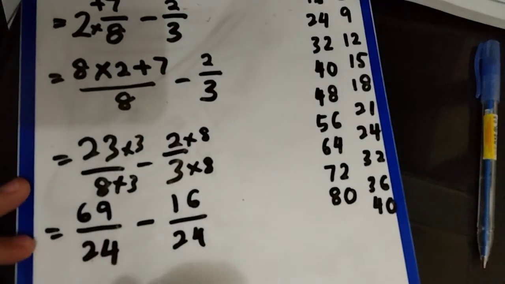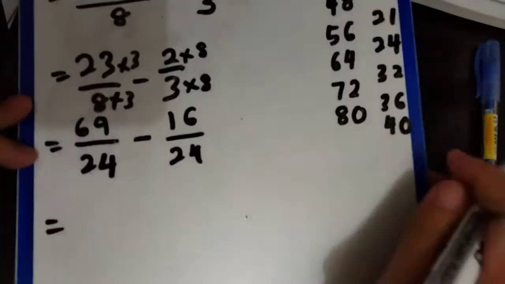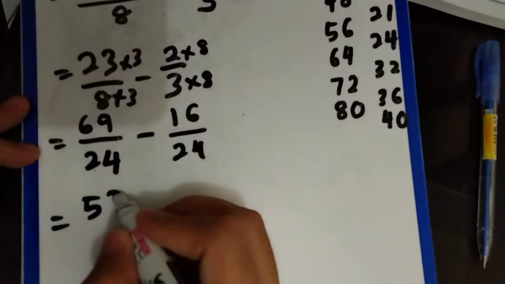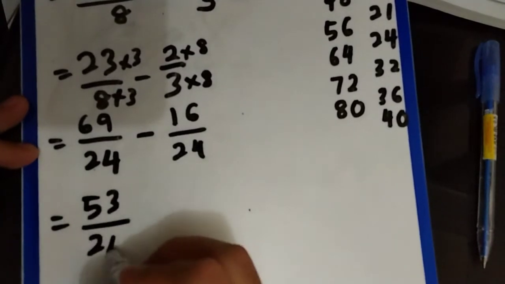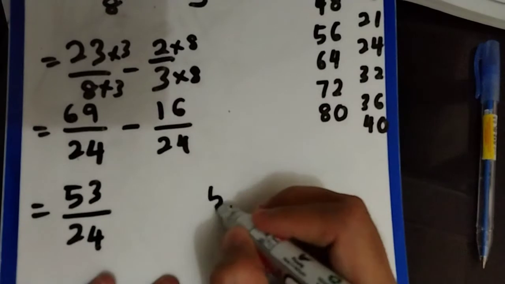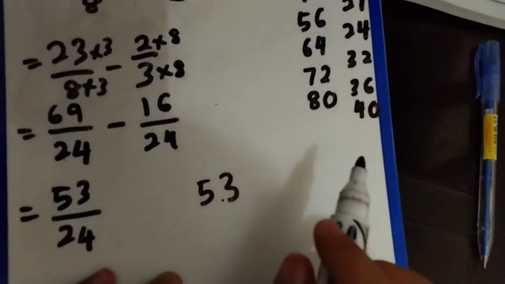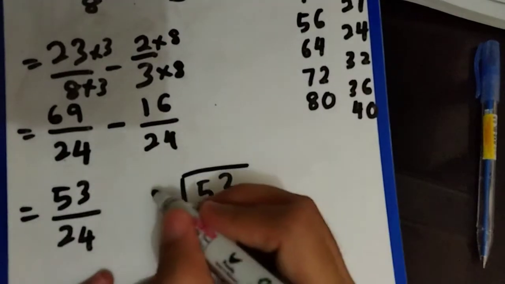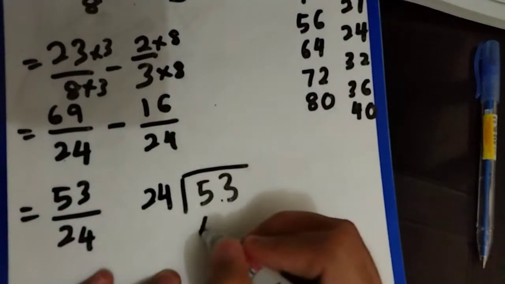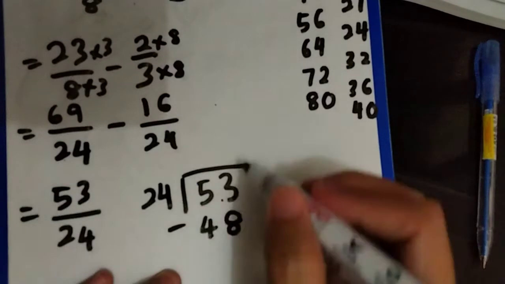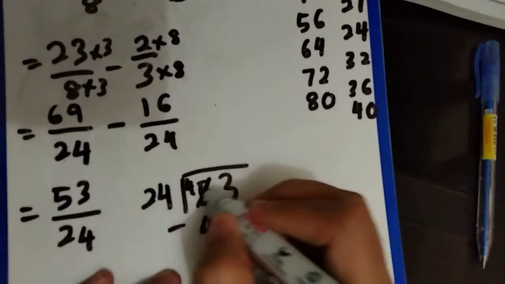You will get the same answer, don't worry. If the answer is improper, you have to change it into a mixed number by doing division. Don't forget to change the answer into a mixed number.